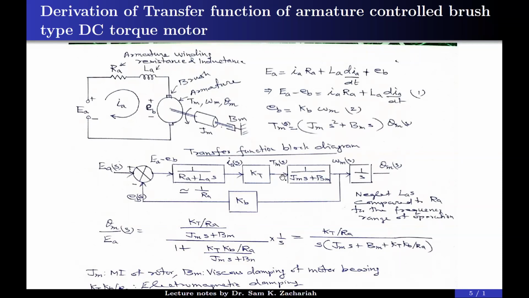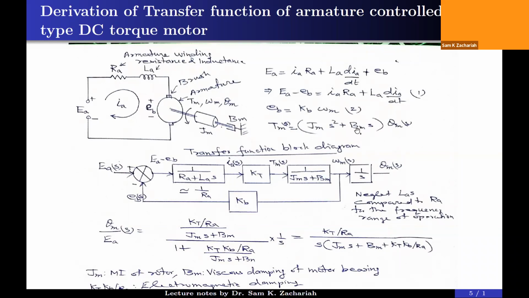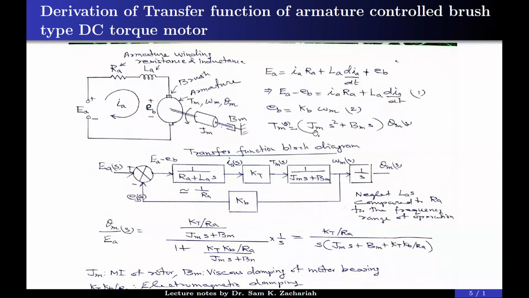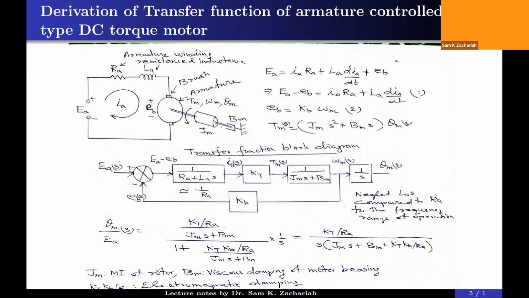Sir, what is Bm, sir? Bm is the coefficient of viscous damping. It corresponds to any viscous damping on the bearing of the motor. Sir, and Jm is the moment of inertia of the armature? Moment of inertia of the total rotating elements about the axis. So roughly you can say armature.